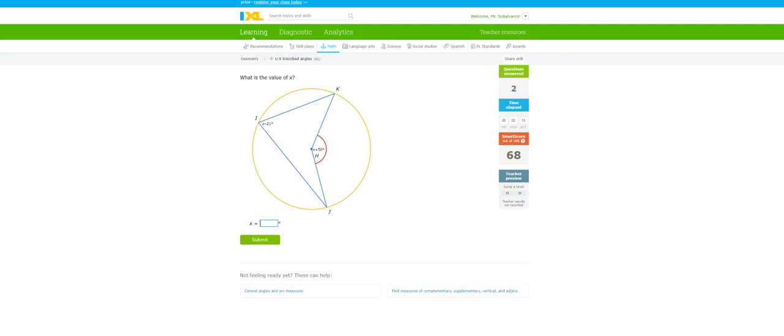you have variables, okay? So in this case, it says, what is the value of x? Well, what do I know? I know that the central angle and the inscribed angle, remember the inscribed angle is smaller than the central angle. So the way you will do this, you have to write an equation. So I'm going to write x plus 50 is equal to, and then I'm going to multiply x minus 21 times 2.